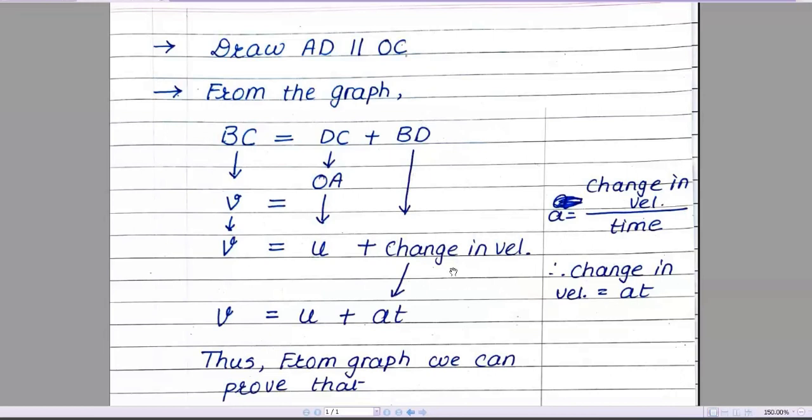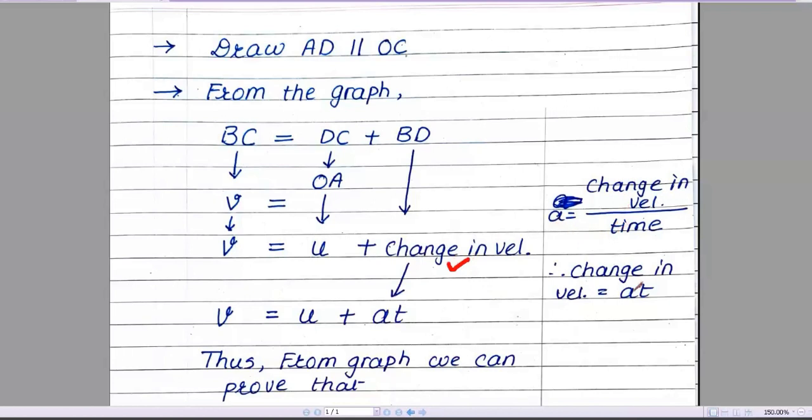Now, recall our formula of acceleration. Acceleration formula says that a is equal to change in velocity upon time. From this, I can say that I want to find out change in velocity. So, this time will change its side and will come here on the other side.